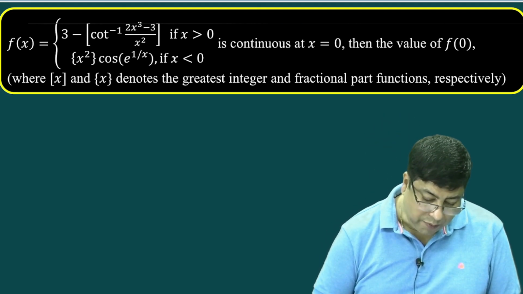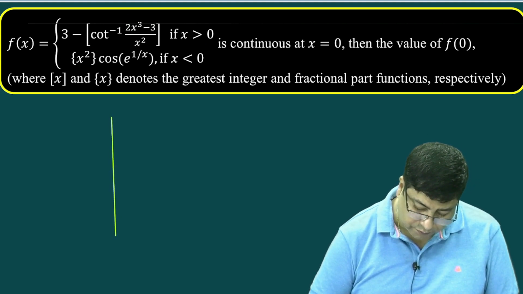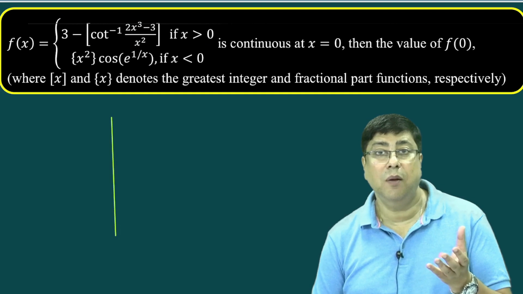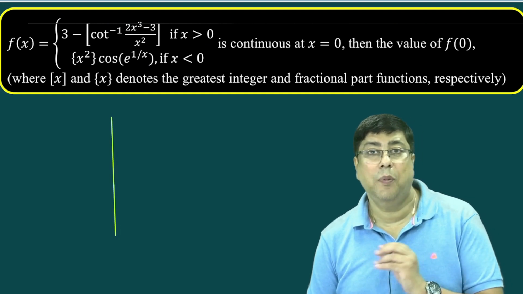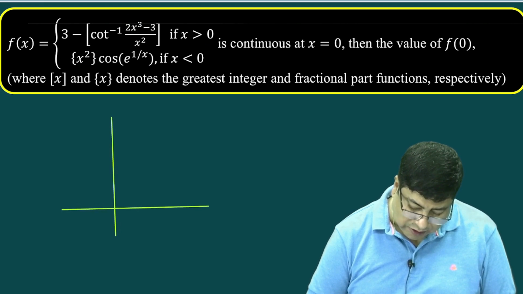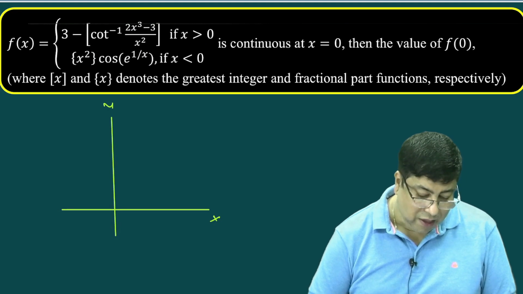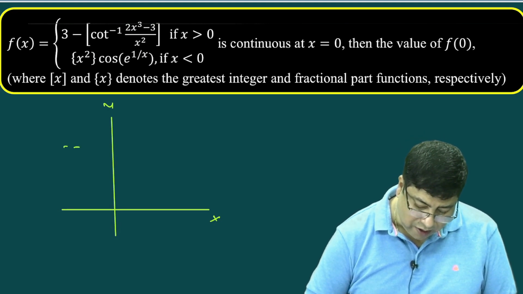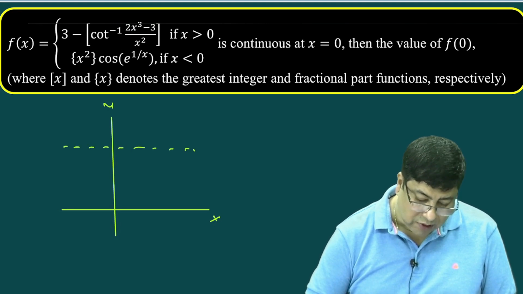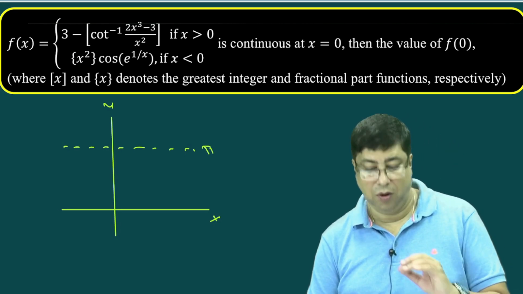First of all, we have to know what the cot inverse x graph is. Without the graph also this sum can be solved, but let's know the proper concept behind it. This is x, this is y, and suppose this line is pi, a line parallel to the x-axis, y equal to pi.